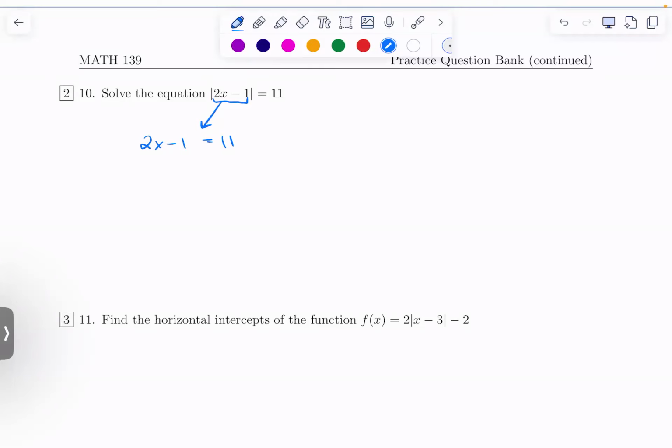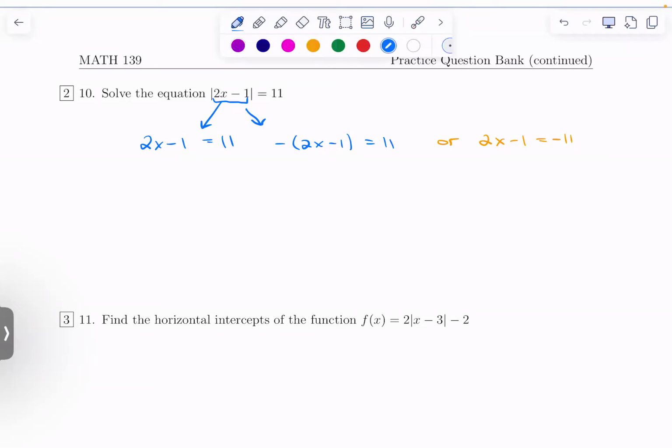But the negative, -(2x minus 1), can also be 11. There's no harm in moving this negative over, so you could say 2x minus 1 is equal to negative 11 and solve it that way. But I like the symmetry of the positive inside and the negative inside, but it's up to you.